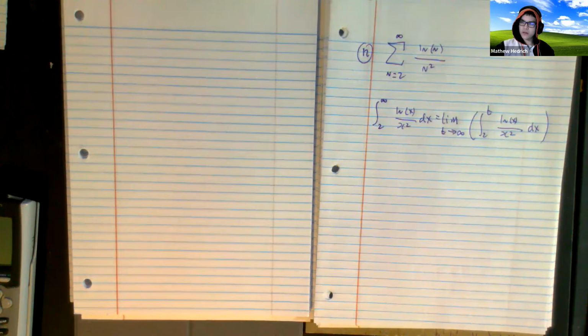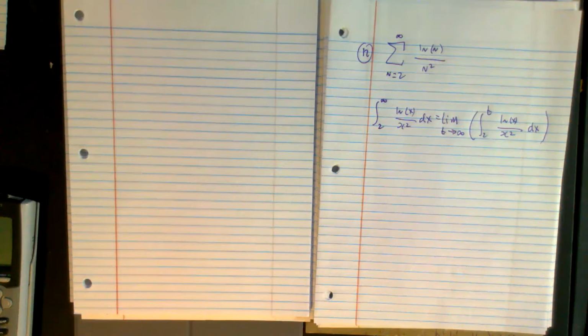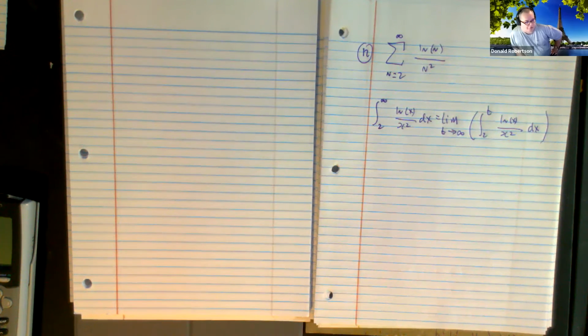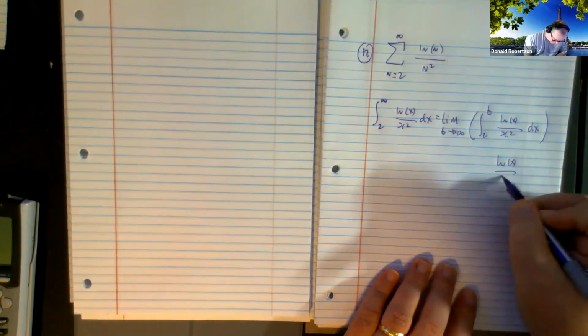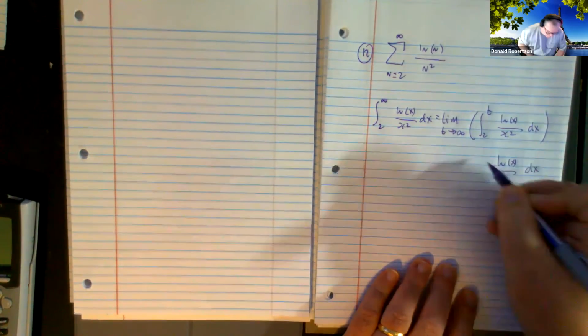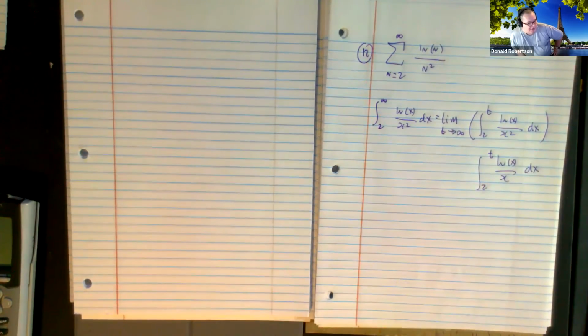Would it be integration by parts? Yes. Doesn't it look very like a U sub? In fact, if the question had been this guy, it would have been a U sub. And who would the U sub be in this question?